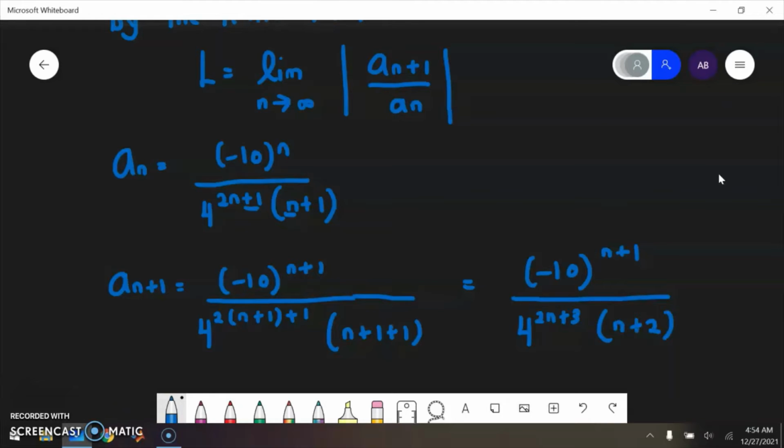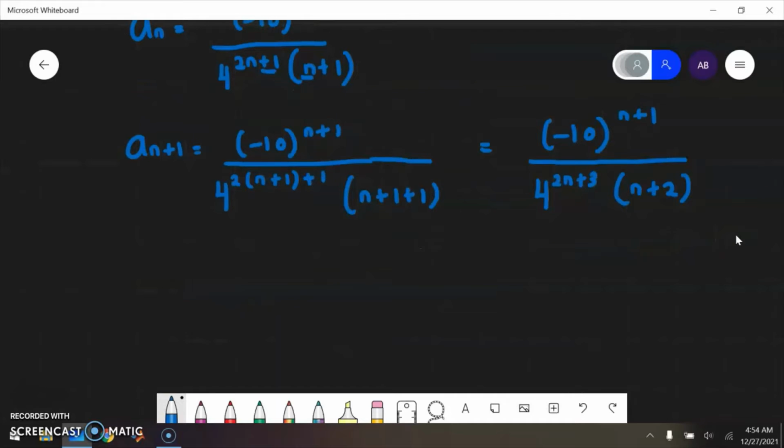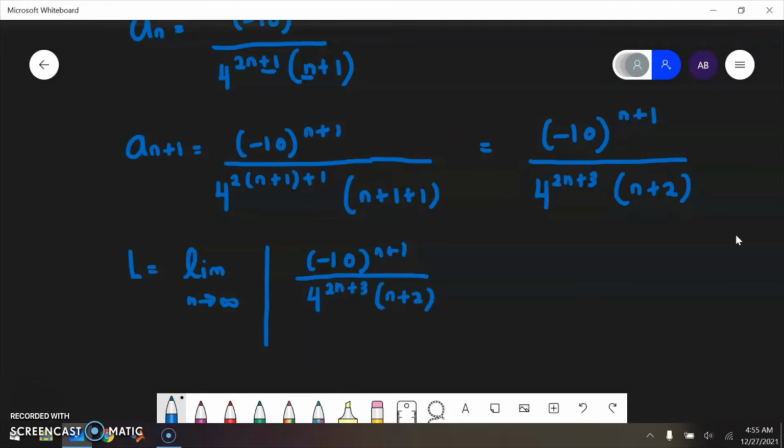Now we apply the definition where L equals the limit as n approaches infinity of a_(n+1) divided by a_n. It's going to be a very big division here. So this is a_(n+1): negative 10 to the power of n plus 1 over 4 to the power of 2n plus 3, times n plus 2. Let me write it like that first so that you don't make mistakes.